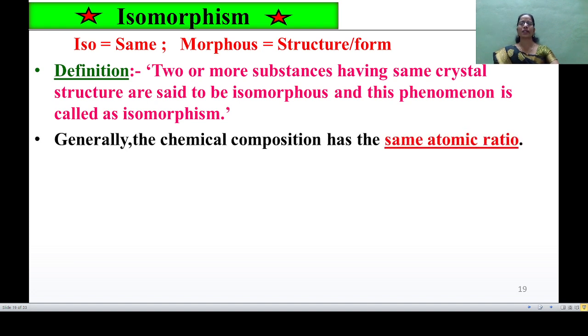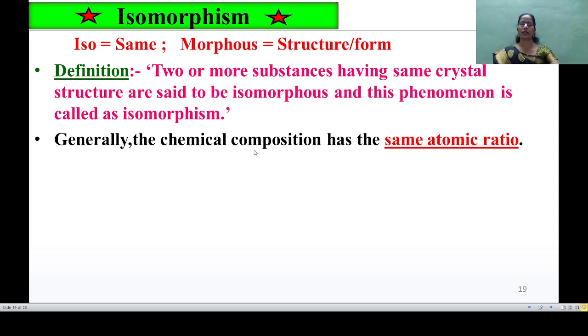Here it is not necessary to observe the crystal structure of the substances in order to predict their isomorphism. Generally, if you know their chemical composition, that is, their chemical formula, then also you can predict whether the substances are isomorphous or not. Generally, if the chemical composition of the given substances has the same atomic ratio, then they are isomorphous in nature.